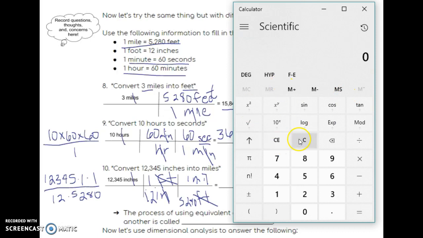So I've got 1, 2, 3, 4, 5 times 1 times 1 divided by, remember you should be using a yellow calculator so you're not having to do all the stuff I'm having to do. 12 times 5,280. Right, so 1, 2, 3, 4, 5 divided by 12 times 5,280, which is what I have right here, because the times 1 times 1s aren't showing anymore. And so then I hit equals, and that gives me 0.1948.